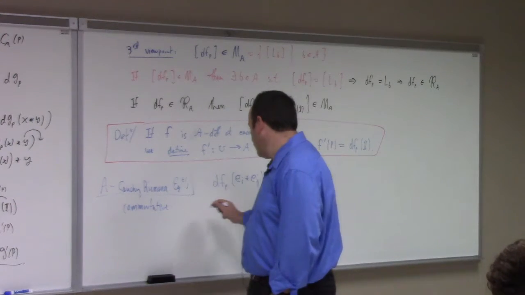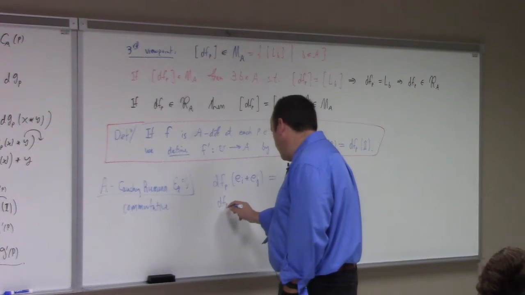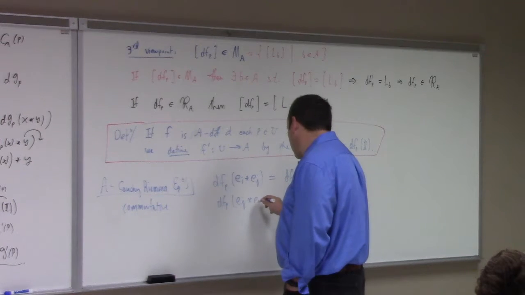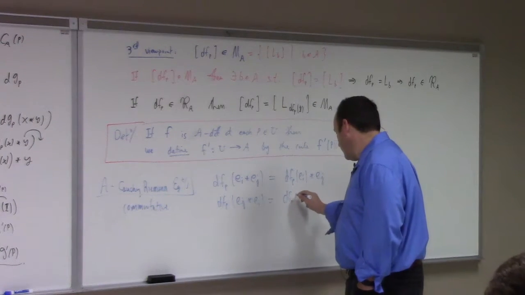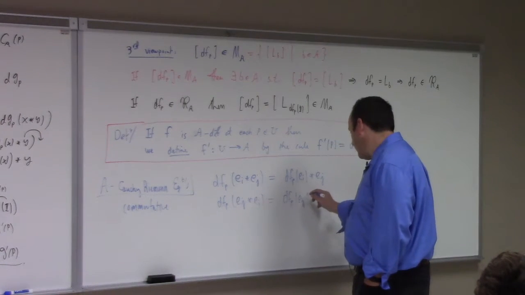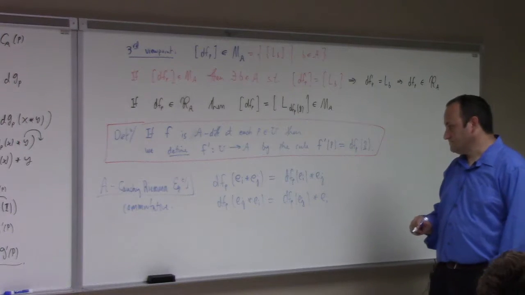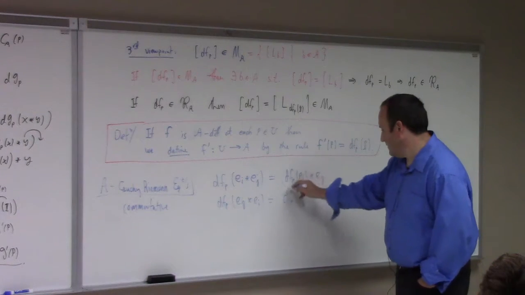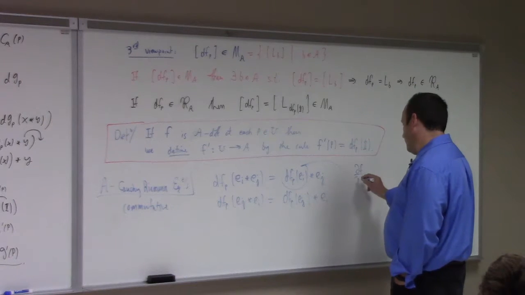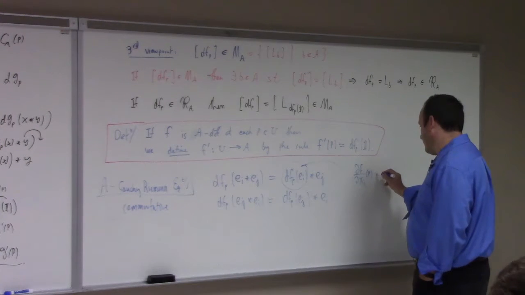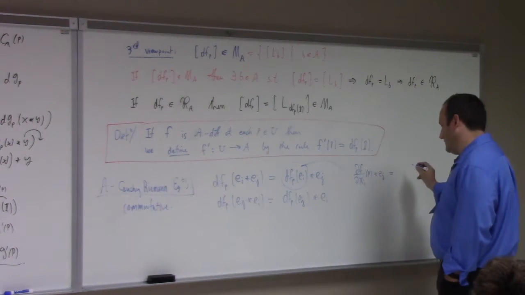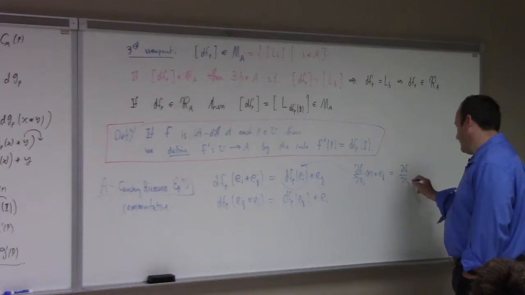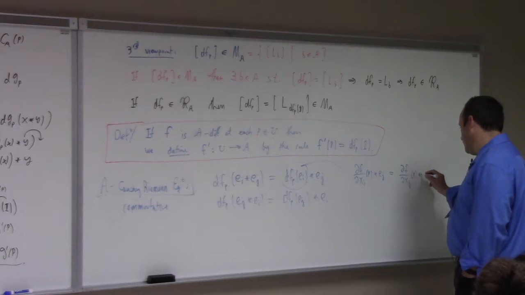Then this would also be equal to dFP of EJ times EI, which would be dFP of EJ times EI using that right linearity. And these should be equal if the algebra is commutative. But this is exactly partial f, partial xi at the point P. So we have partial f, partial xi at the point P times EJ is equal to partial f, partial xj at the point P times EI.